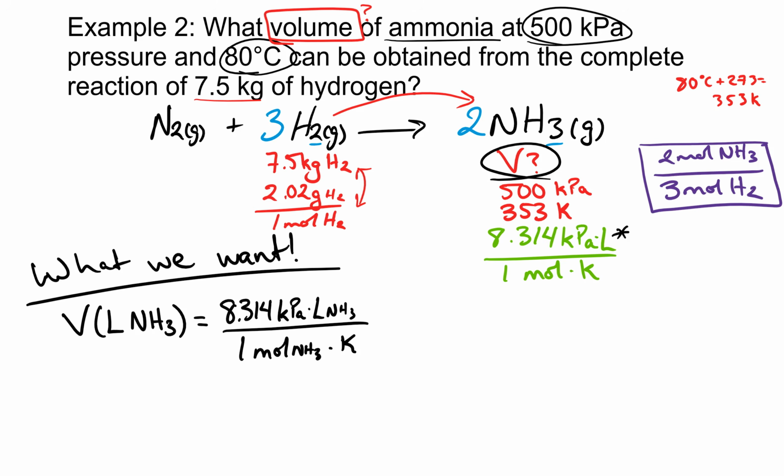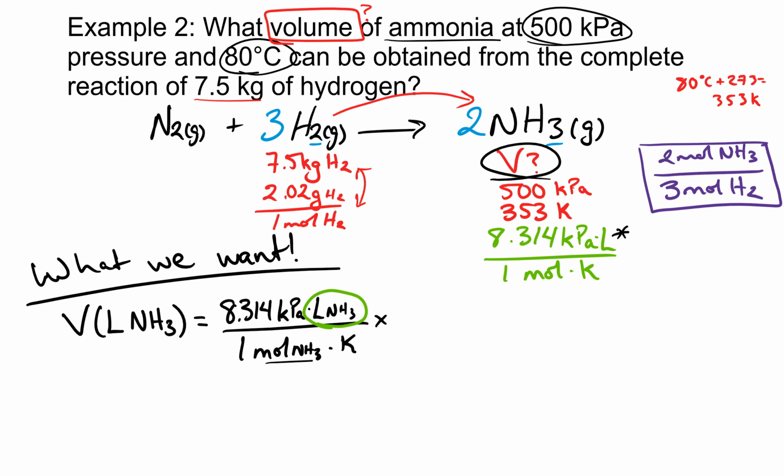All right. What is the unit we want? The unit we want is liters of ammonia. That means we have to cancel out every other unit that is in the ideal gas constant. We have to cancel out everything. Okay, I think we're up to the challenge. Let's first try and cancel out the moles of NH3 because that's going to be the hardest one to cancel out.